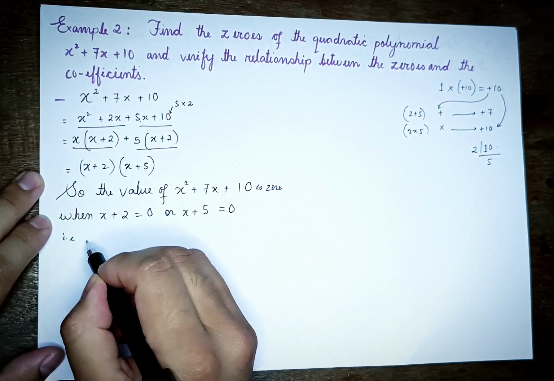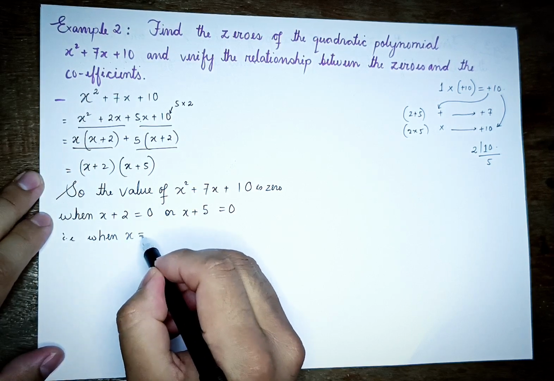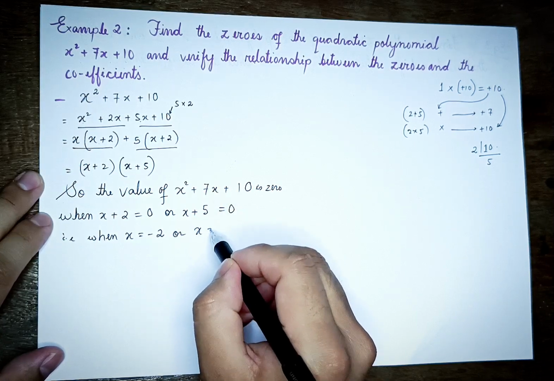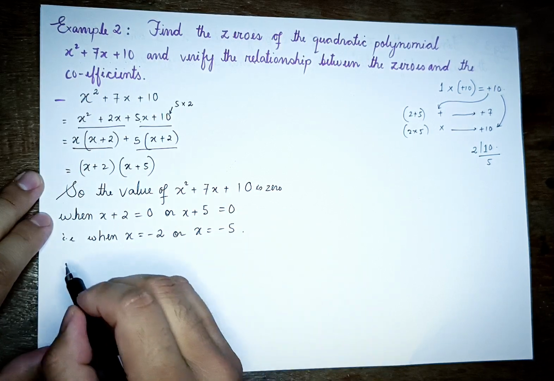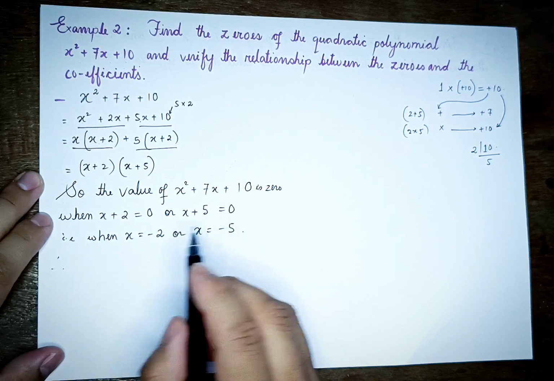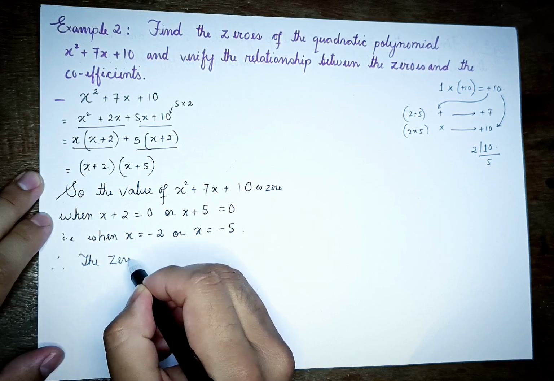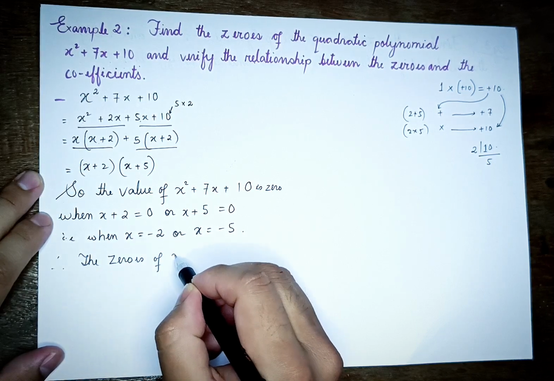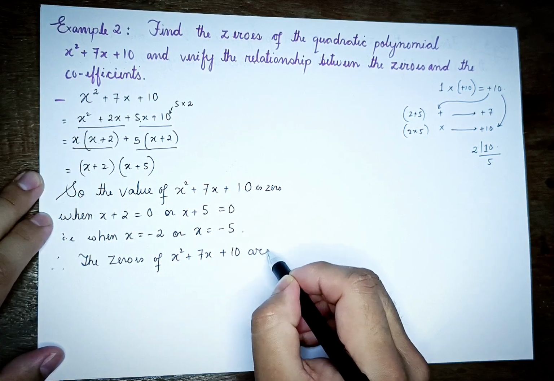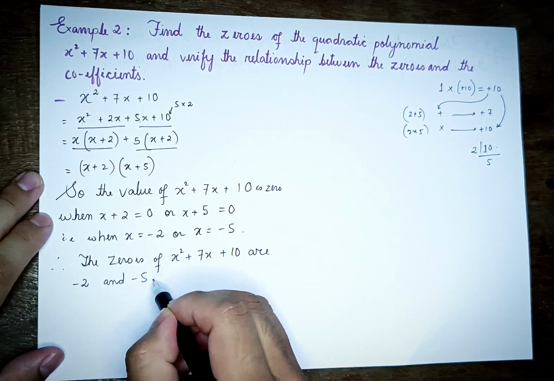That is, after transposing, we get x is equal to minus 2, or after transposing plus 5, we get x is equal to minus 5. Therefore, the two zeros are minus 2 and minus 5. Therefore, the zeros of x squared plus 7x plus 10 are minus 2 and minus 5.